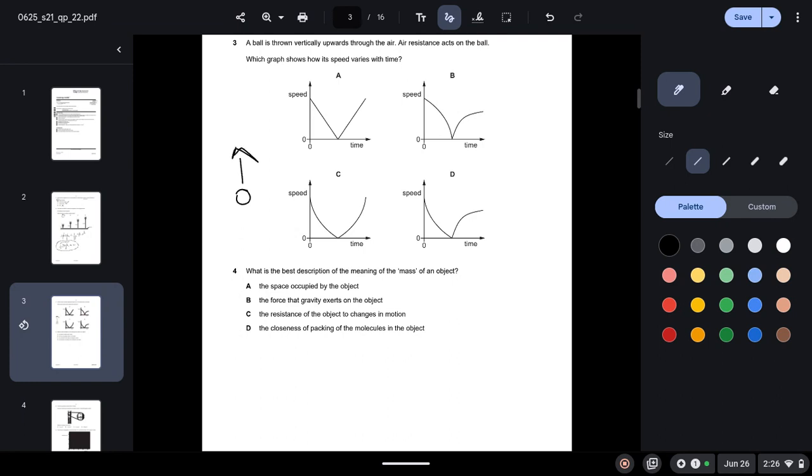When it is initially thrown, it will have a high speed, and then as it reaches its highest point, the speed is 0, and the speed slowly and gradually decreases as it reaches that point. So initially it has high speed, then low speed, and then at its max point it has 0 speed.